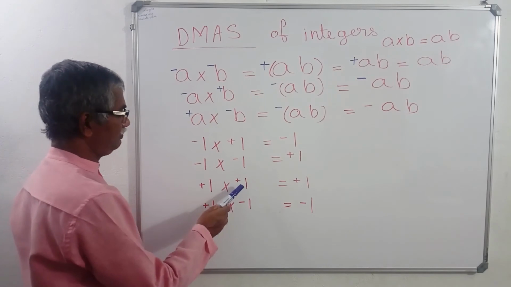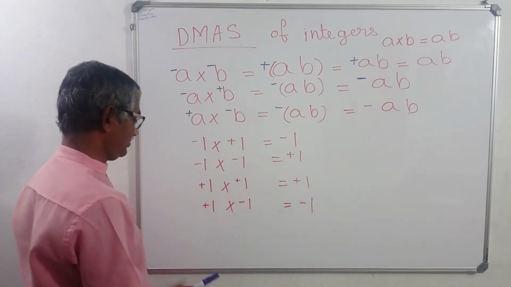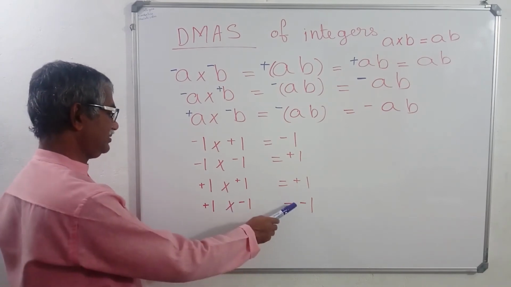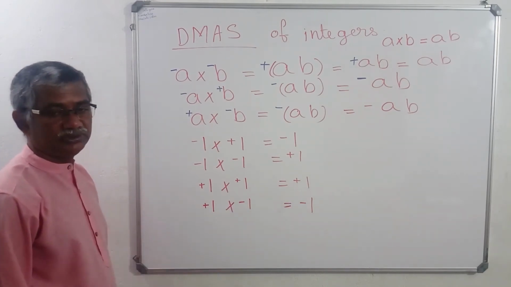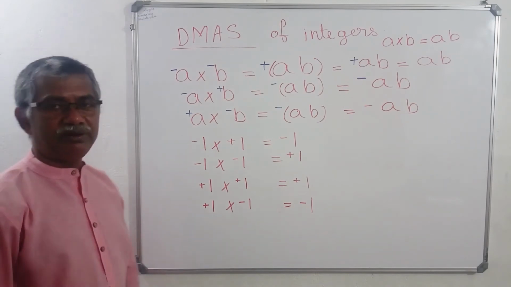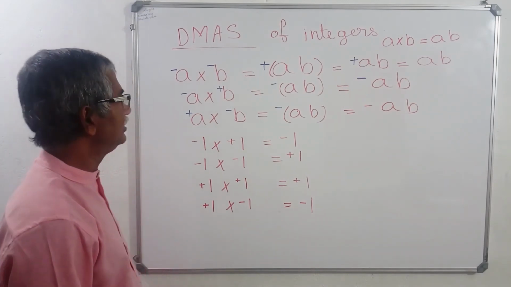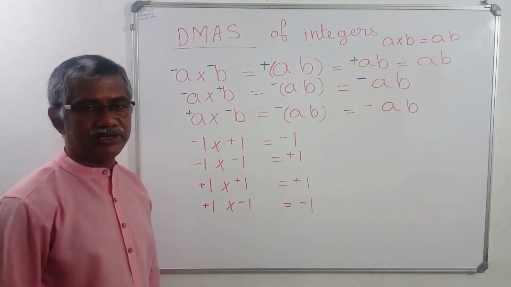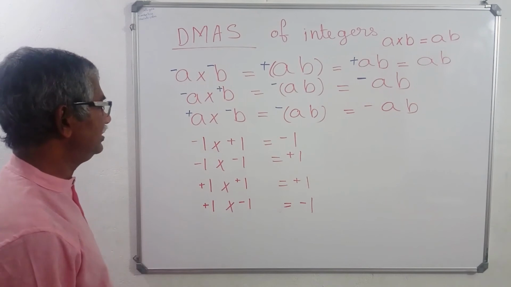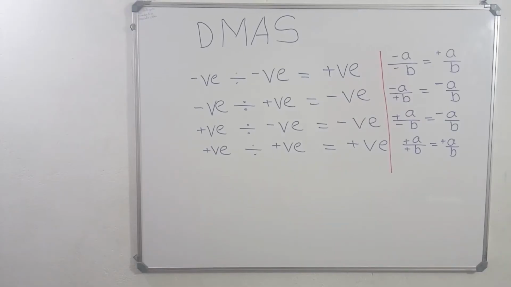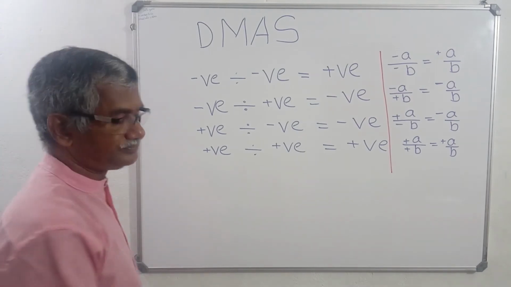Positive 1 into positive 1, getting positive 1. Positive 1 into negative 1, getting negative 1. So multiplication is so simple. If you know the multiplication table, the product of a negative and a positive, or both negative, or both positive is so easy to understand. Now we are considering division.